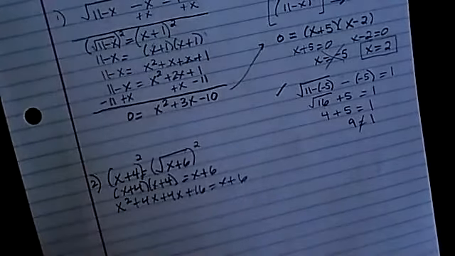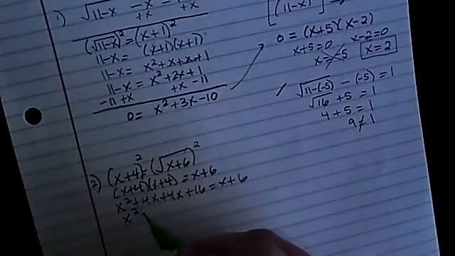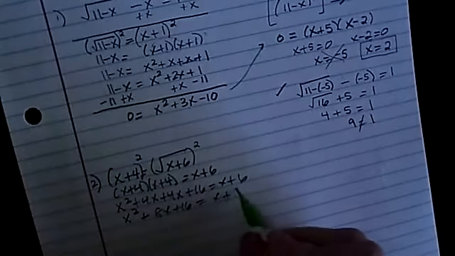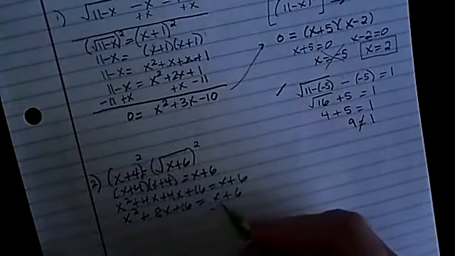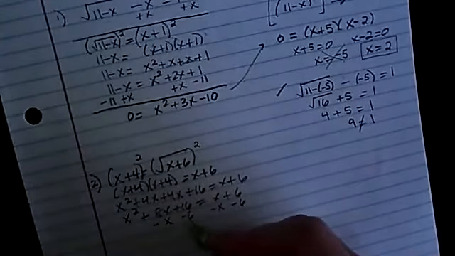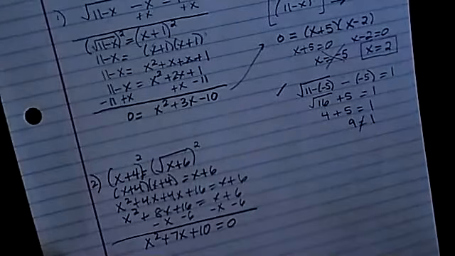And let's get everything on one side. So I'm going to actually combine like terms first, 4x plus 4x. All right, so let's subtract x. I'm going to do it in one step, and we're going to subtract 6. Be sure you line it up correctly. So x squared plus 7x plus 10 equals 0.